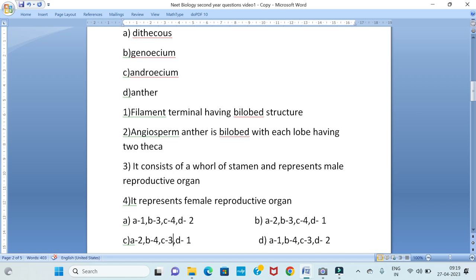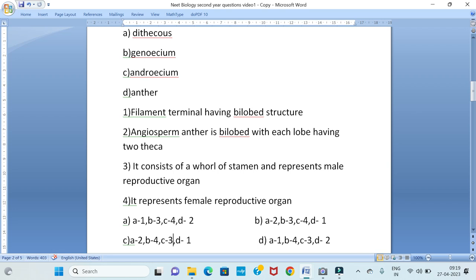Dithecus. Angiosperm anther is bilobed with each lobe having two theca, so it is called dithecus. Here I am taking bi. Bilobed: bi means two, like biannual, or a bicycle having two wheels.